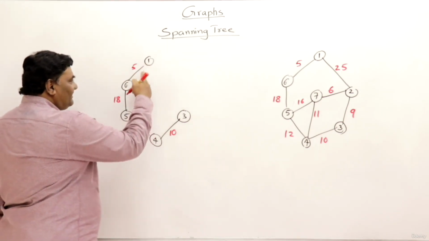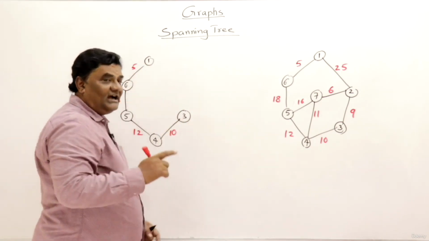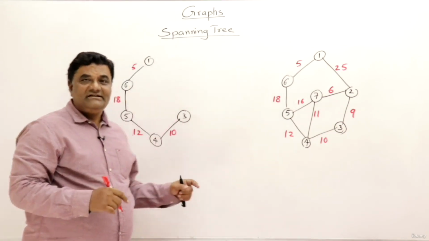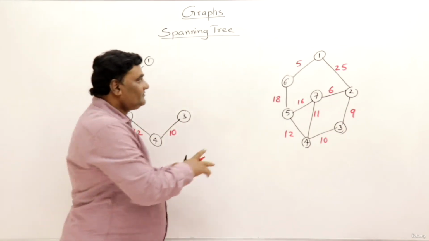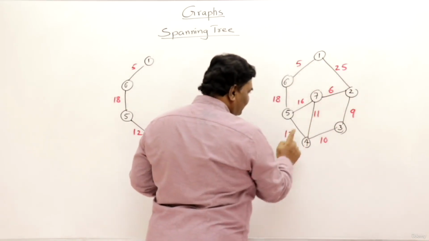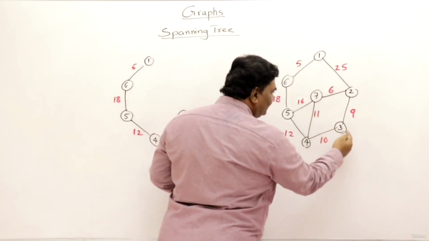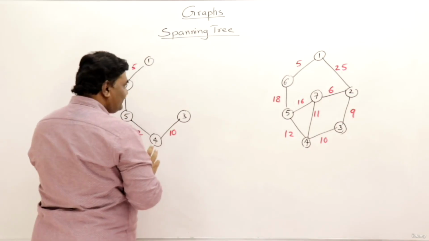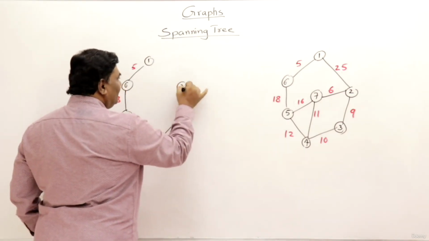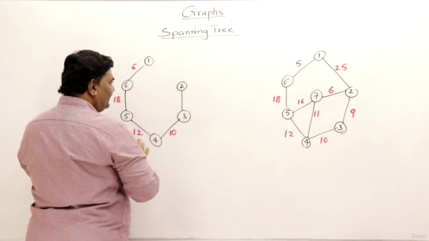Now the selected vertices are 1, 6, 5, 4, 3. We have to select the minimum one which is connected to any one of these. From 1 it is 25, this is 16 and this is 11, and from here 9 is there. So okay, select that as minimum. So 2 and it is 9, weight is 9.